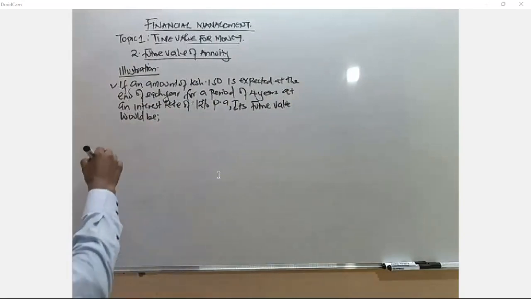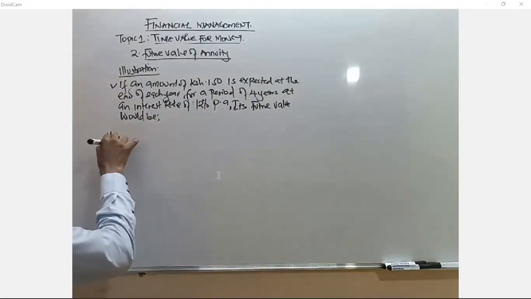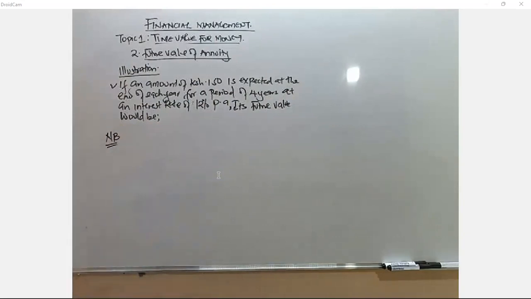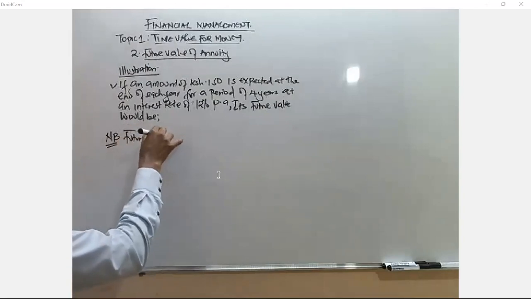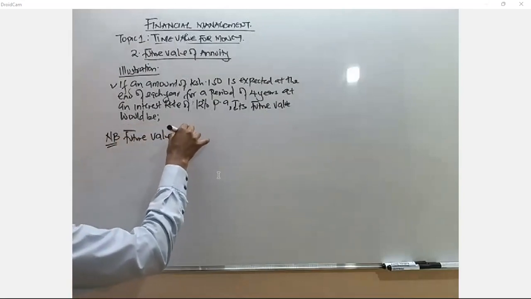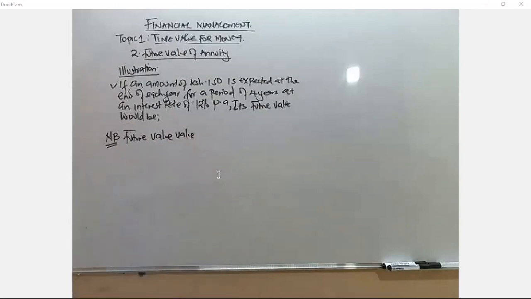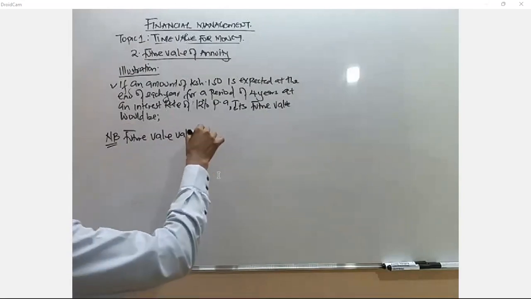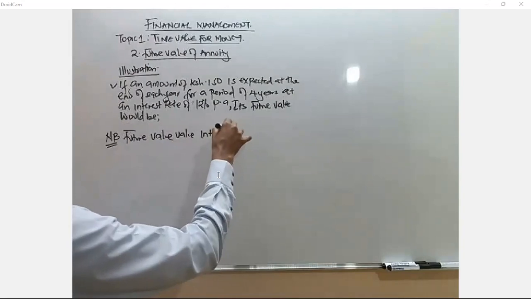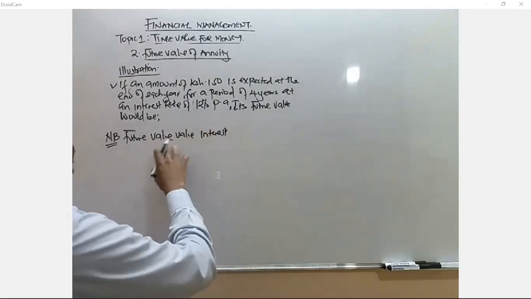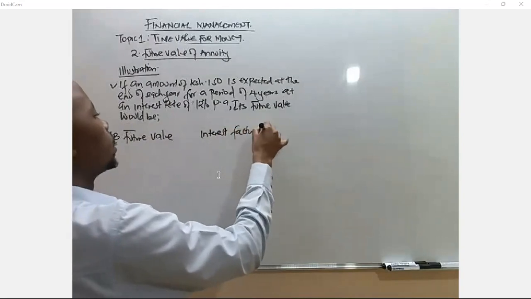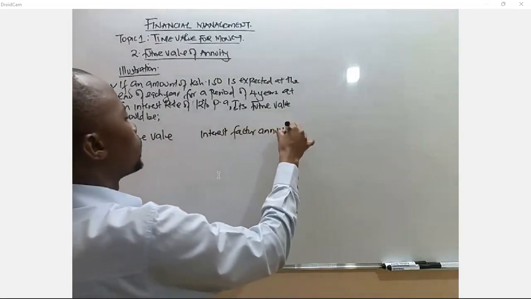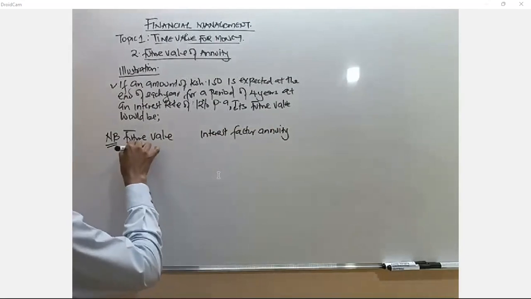Let me just put it as an NB here. And I say the future value interest factor annuity can be determined.